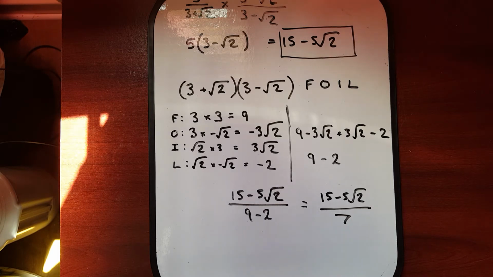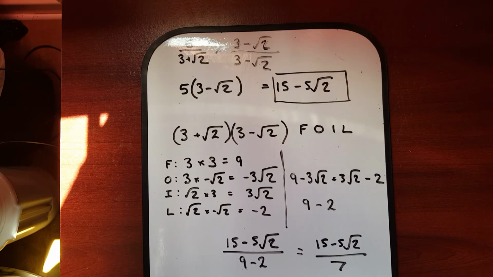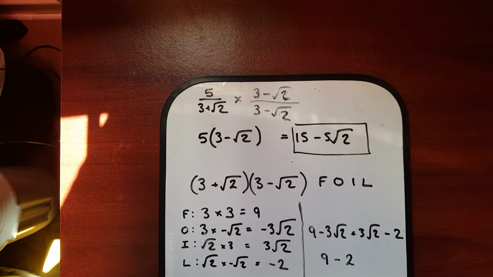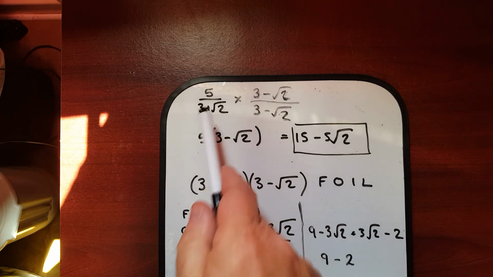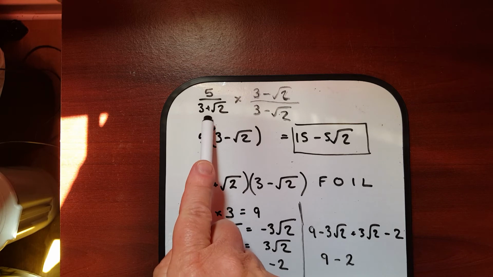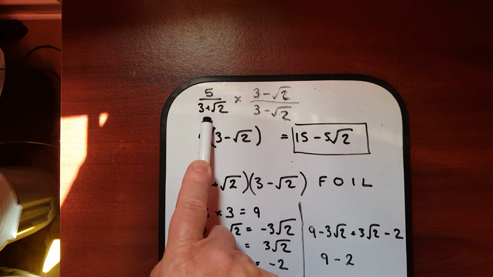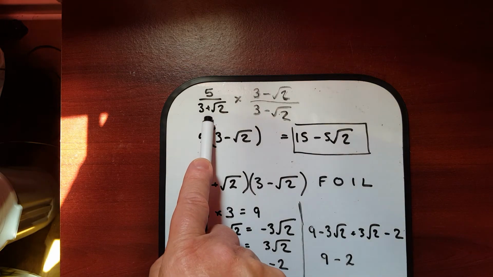And there we are. That's how you do one of these kind of fairly complicated rationalisation questions. All you do, let's just recap, is you multiply both top and bottom by whatever's on the bottom of your fraction, but you swap the sign. Plus goes to minus, minus goes to plus.